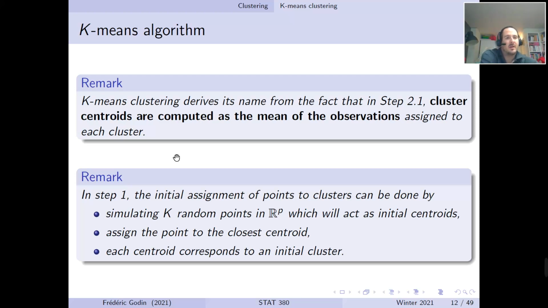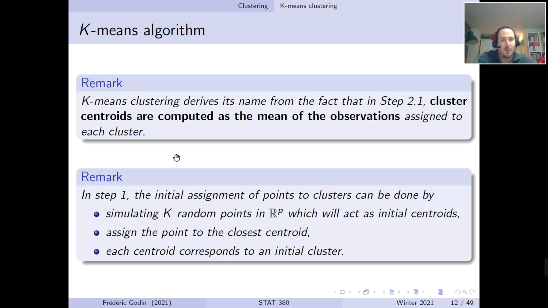One quick note here: in step 1, the initialization step, we mentioned earlier that a typical way to proceed is to take each observation individually and randomly assign them to the various clusters. Well, there's another way to do that, which is to randomly simulate data points within the predictor space and use them as initial cluster centroids for the various clusters.